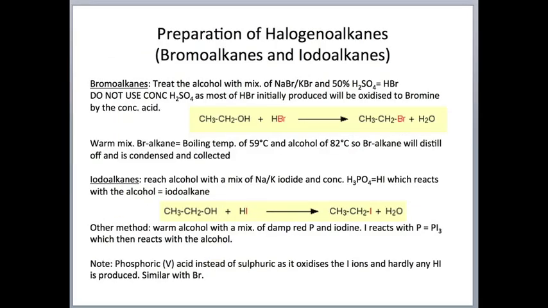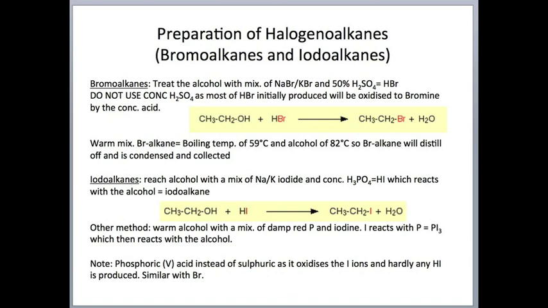So let's look at the preparation of halogenoalkanes. Let's first consider bromoalkanes and iodoalkanes. To make bromoalkanes, we treat the alcohol with a mixture of either NaBr or KBr and 50% H2SO4, and this will give us HBr, which will then react.